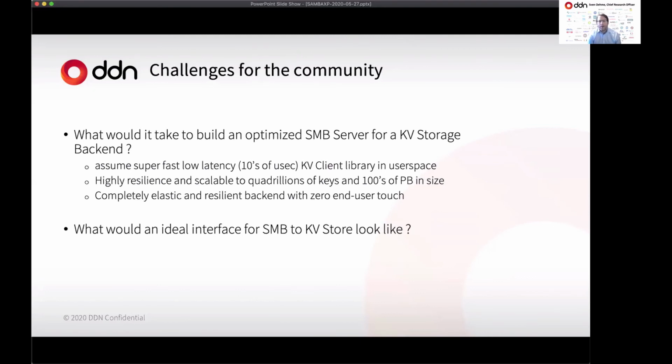So think about key value puts and gets in the tens of microseconds of latency. So really, really fast, delivered to you through a user space library that could be leveraged directly by Samba. The system is highly resilient, highly scalable to quadrillions of keys. It can go petabytes, exabytes in size, and it's completely elastic and resilient with essentially zero end user touch.